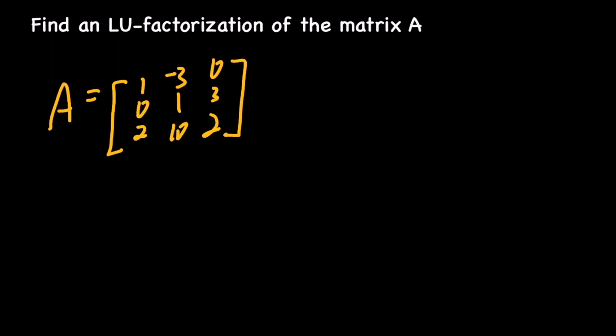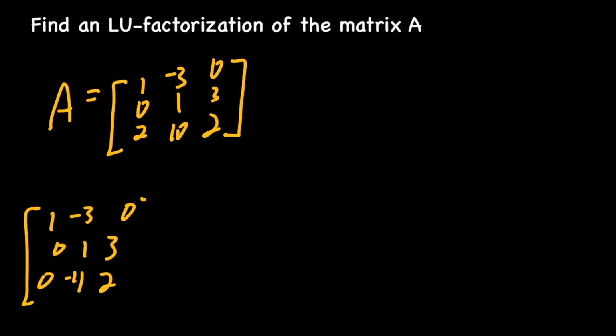Therefore, rows 1 and 2 will be the same. And our third row is going to be 0, -4, 2. And our operation is going to look like this.